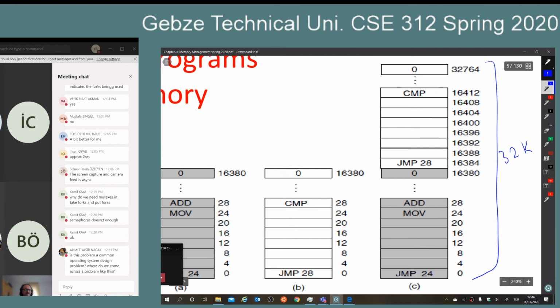At the beginning of the memory, I placed my first program, and now I have my second program, and I am trying to switch between them. Do you see any problem with this approach?